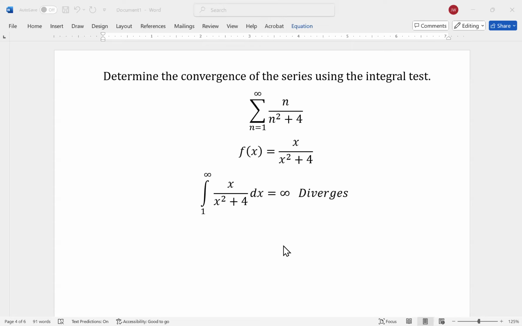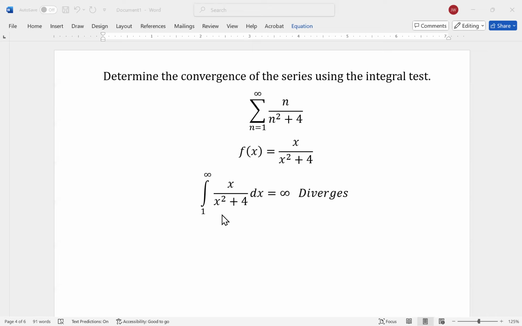Now, once you've seen the limit comparison test, that is something people tend to do over all of the other tests, if they can. Like earlier in this video, we did an integral test on an infinite sum of n over n squared plus 4.